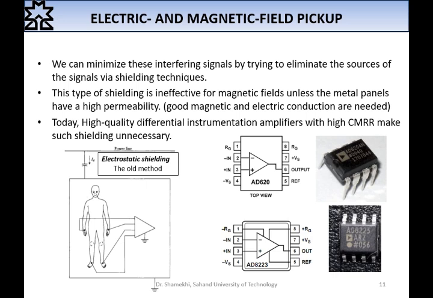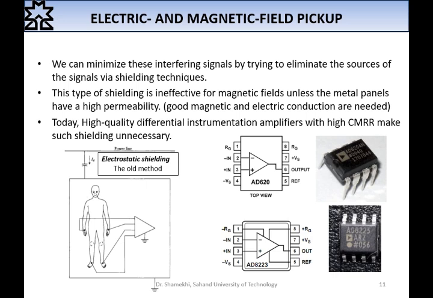It means that good magnetic and also electric conduction are needed to get the required reduction. But today, high quality differential instrumentation amplifiers with high CMRR make such shielding unnecessary.